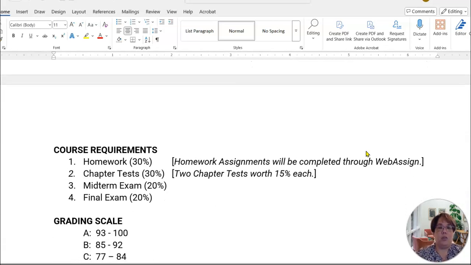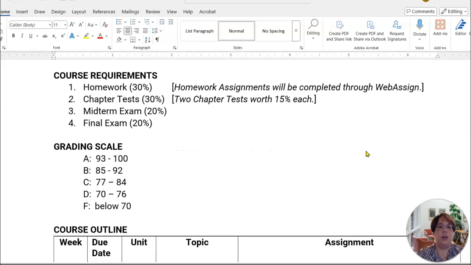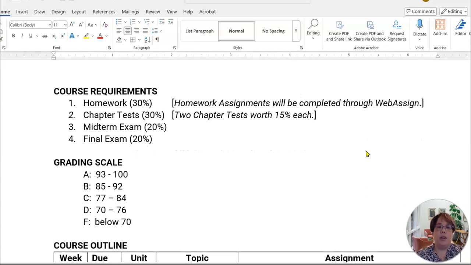Okay, now course requirements. On the course requirements, the course is broken up into 4 different categories. There is homework that you will have every single week. It is 30% of your grade. Then chapter tests, which here says that there are 2 chapter tests, that some of the terms have 2 tests.